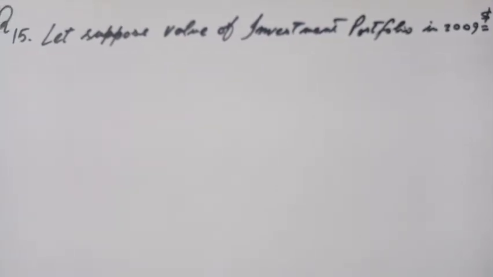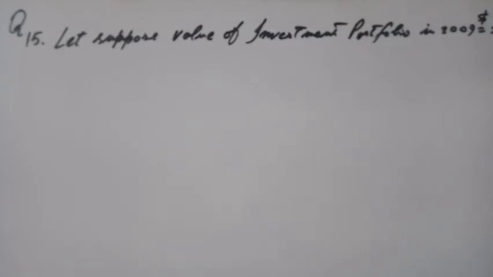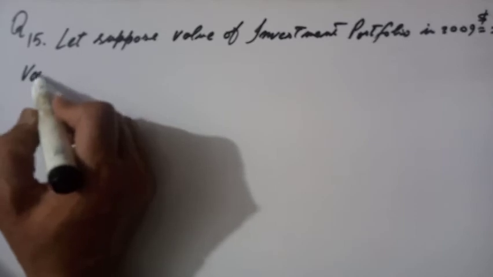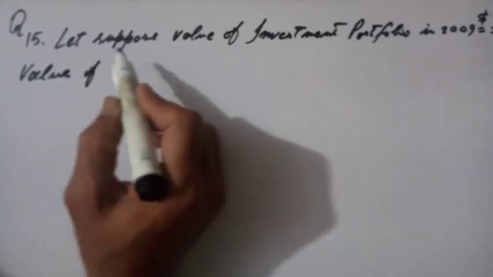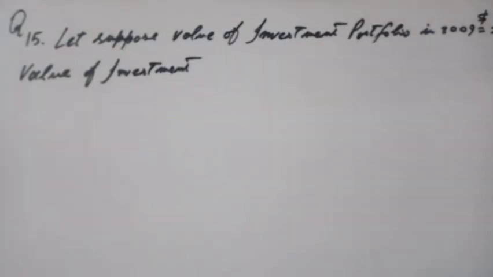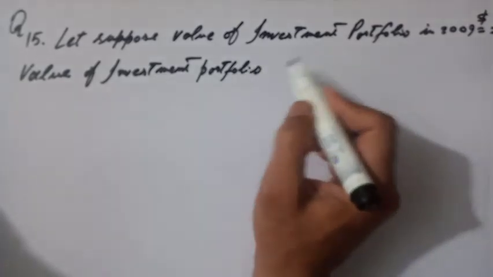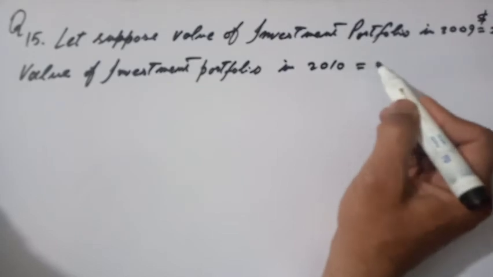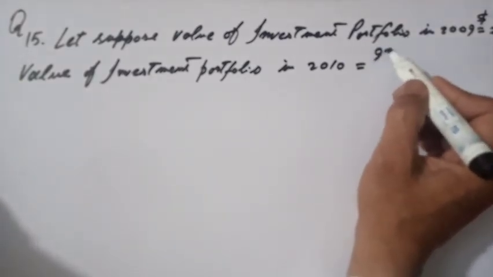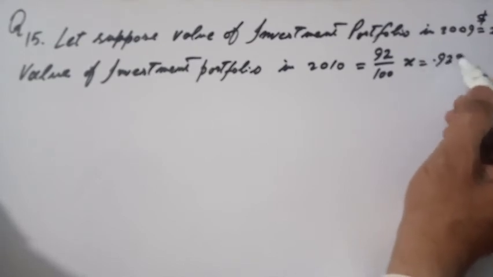Then its worth in 2010, as this is decreased by 8% in 2010, so the value of investment portfolio in 2010 equal to, as it is decreased by 8%, so 100 minus 8 would be 92 by 100 of X means 0.92X.